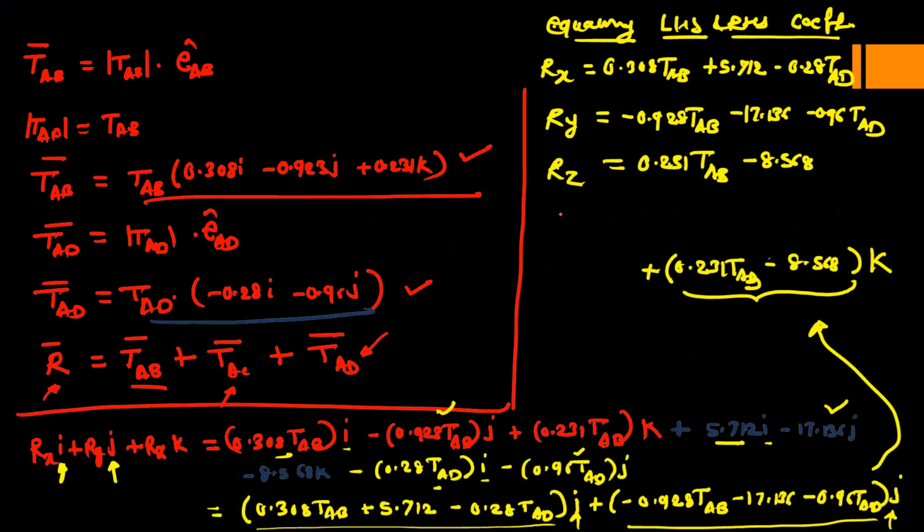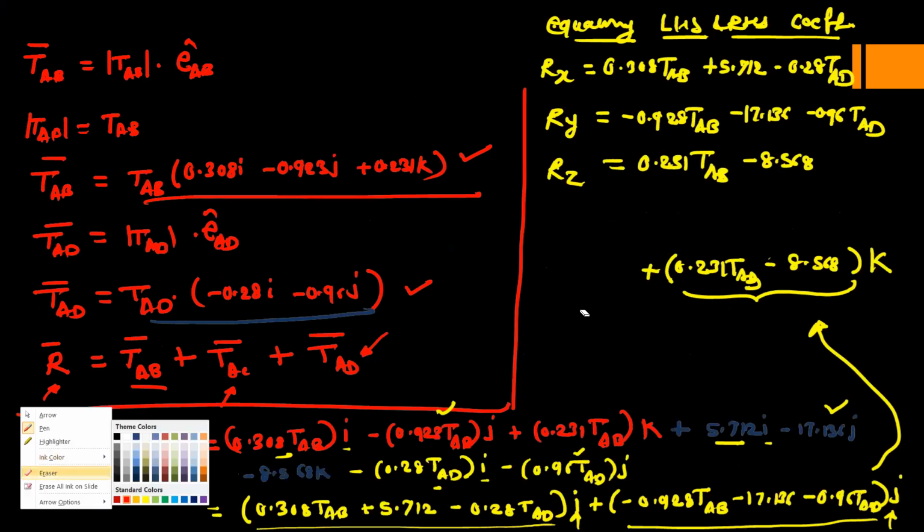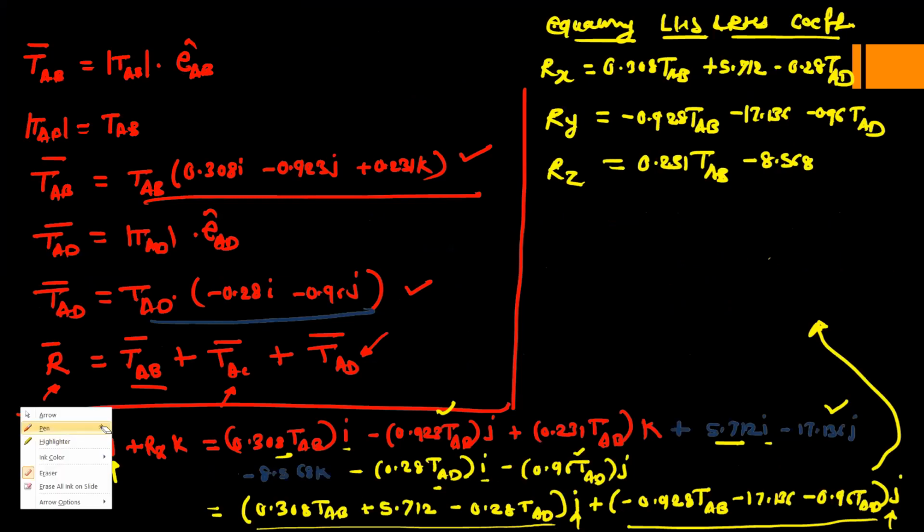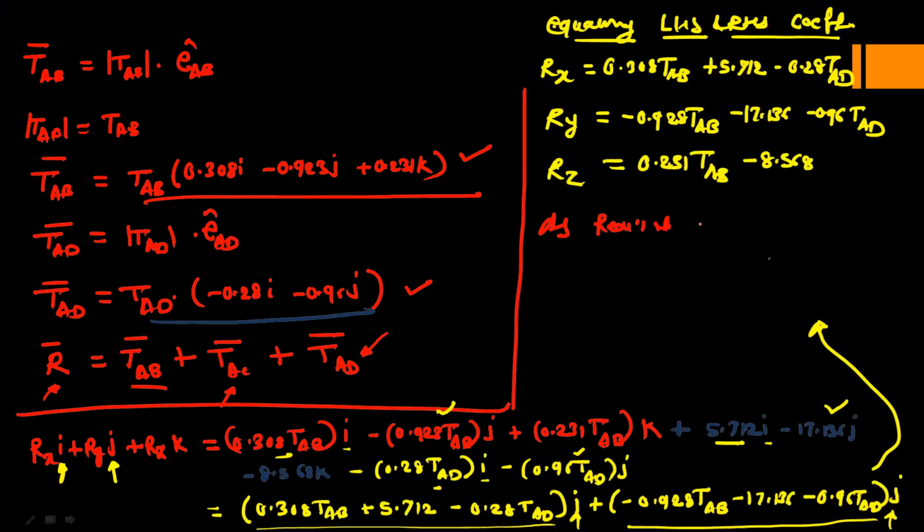As the resultant is vertical, that is along y direction, its x component, that means Rx, is 0 and Rz is 0.